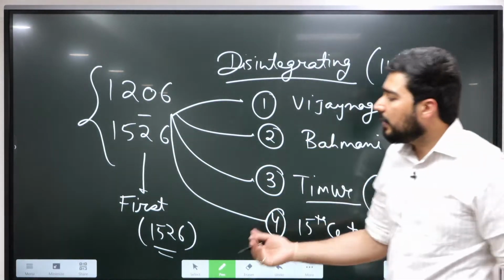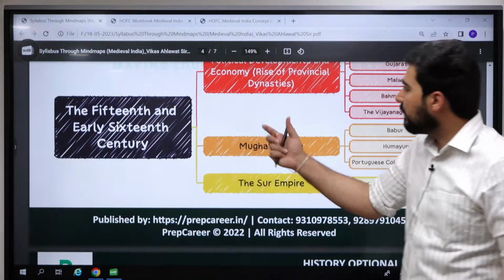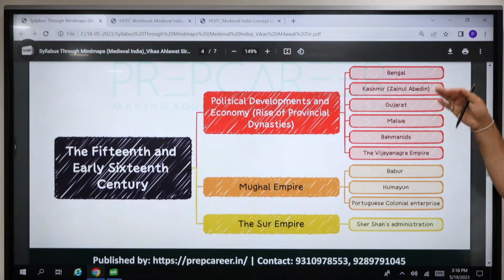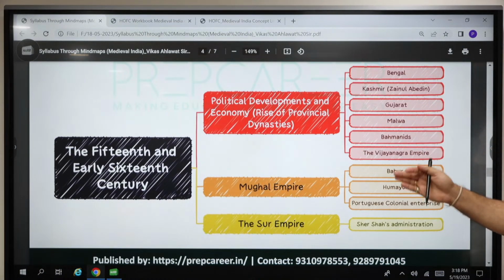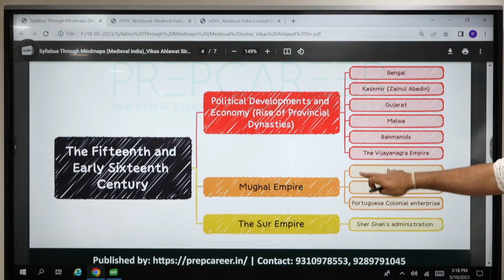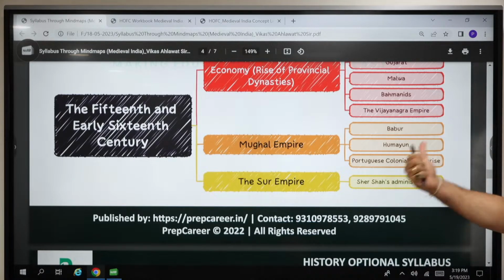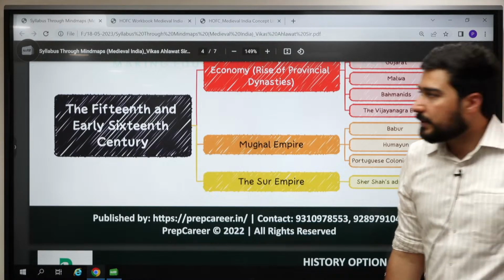And this is what was also mentioned in our syllabus. The rise of these various provincial dynasties including Bengal, Kashmir, Gujarat, Malwa, Bahmani, then Vijayanagar. And thereafter the Mughal Empire, the establishment by Babur, Humayun, and also the coming of the Portuguese.